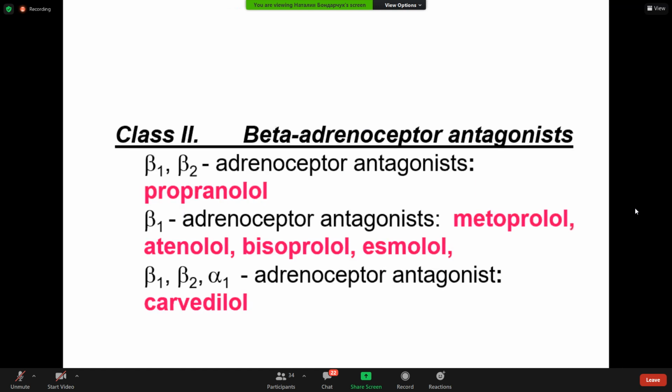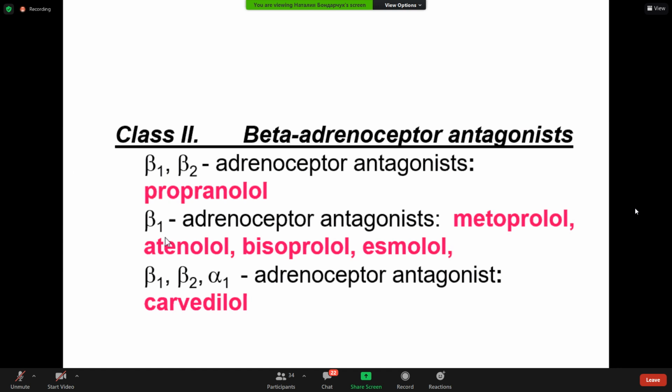So second class, according to international classification, beta-adrenoceptor antagonists. So non-selective propranolol inhibits beta-1 and beta-2. But for us in the treatment of tachyarrhythmia and premature beats, it is more important to inhibit only beta-1 in the heart, because due to the action on beta-1 adrenoceptors in the heart, such drugs produce antiarrhythmic effects.